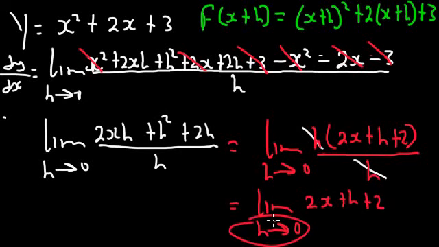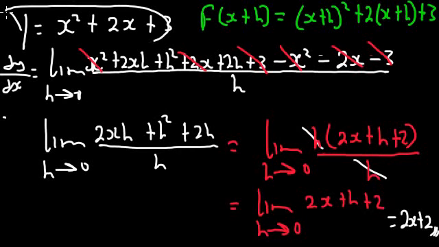Now as h approaches 0, if we plug in 0 as h in the expression, we'll be left over with 2x plus 2. So that is our final answer. So therefore, using first principle, the derivative of y equals x squared plus 2x plus 3 is simply 2x plus 2. And that is it.